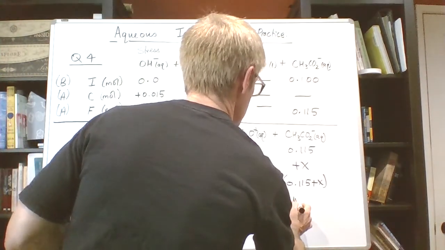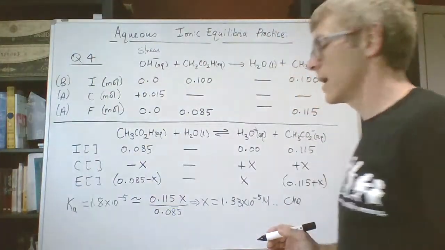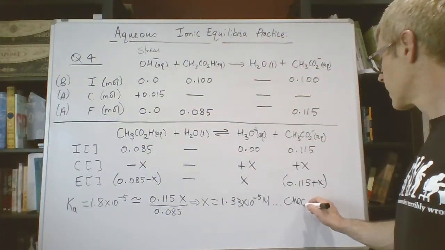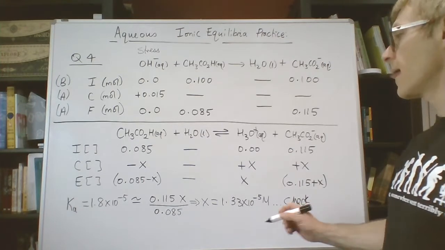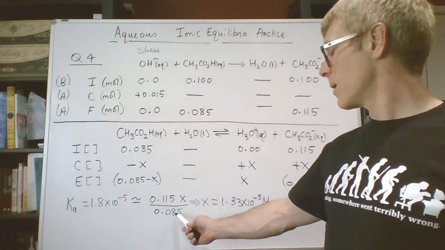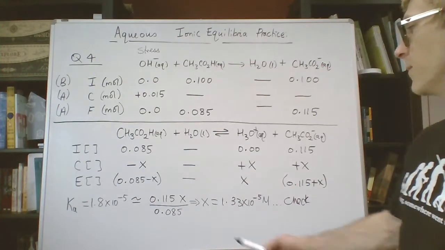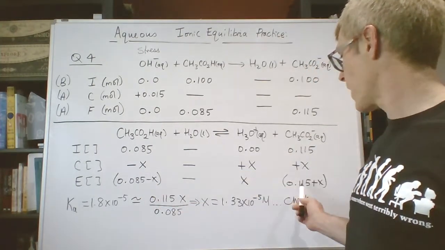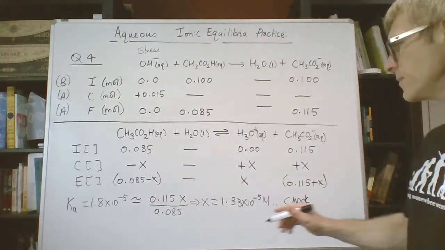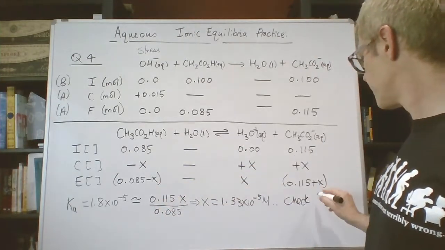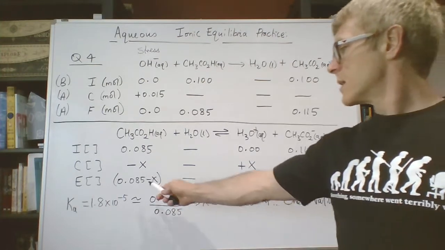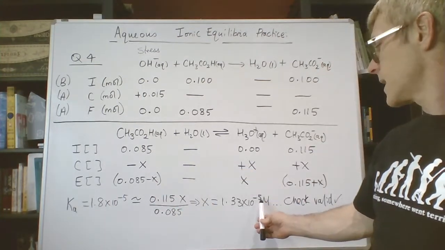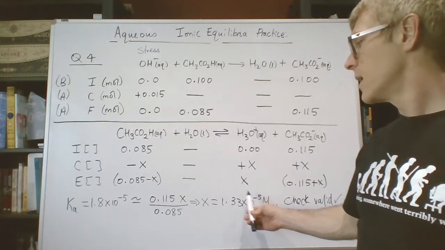You would always check your assumption. So if we checked our assumption, we could just go ahead and pick the denominator here because it's the smaller of the two values. So we know that the x is 10 to the negative 5.